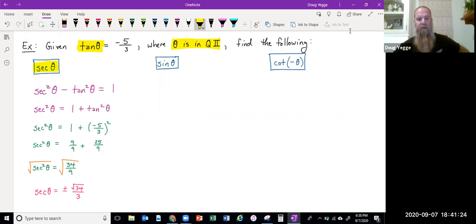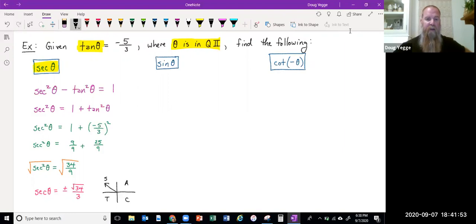And so this is where we go back to the beginning and recognize that theta is in quadrant 2. So since theta is in quadrant 2, we've got to think about what secant of theta is going to be in quadrant 2. If you draw your quick little picture, we remember our acronym ASTC, so that means that sine is positive, and therefore cosine is negative. And if cosine is negative, then so is secant.